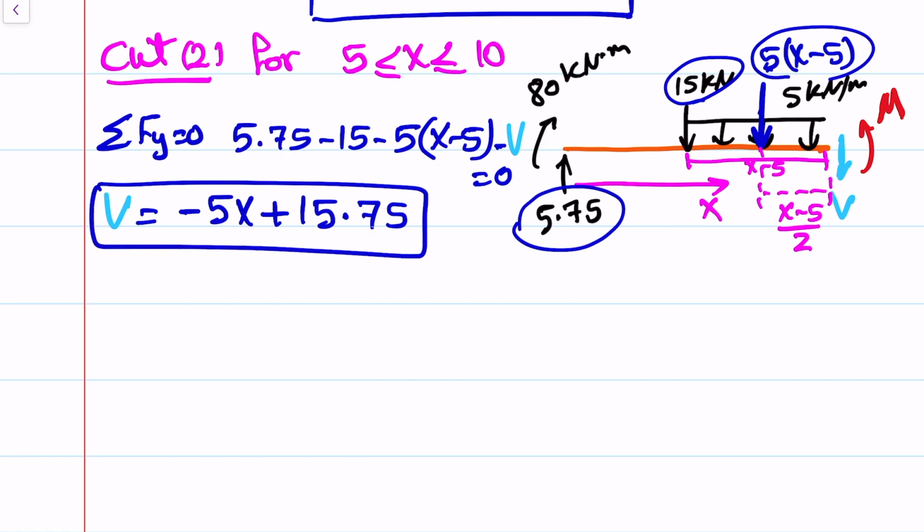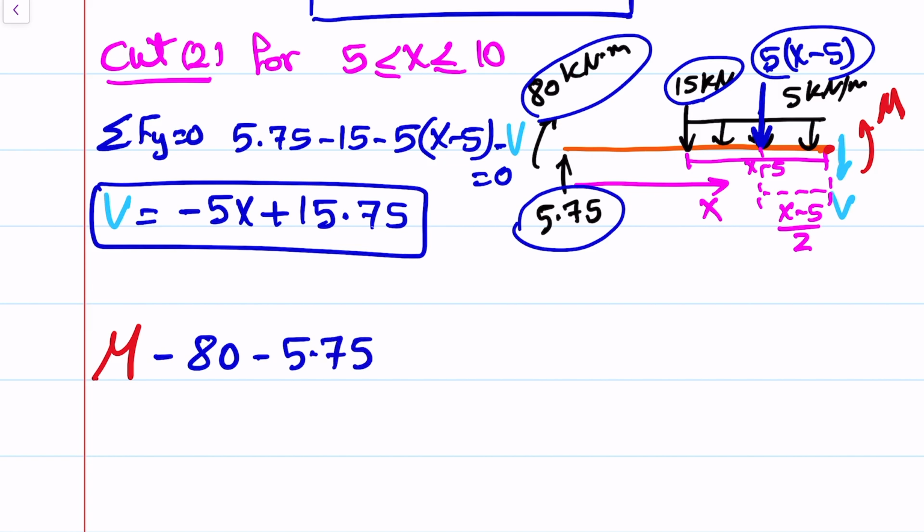And then let's get the moment. And as usual, we are taking the moment right here. So the moment, and then we have negative 80, this one, and we have negative 5.75x, the moment from this force.